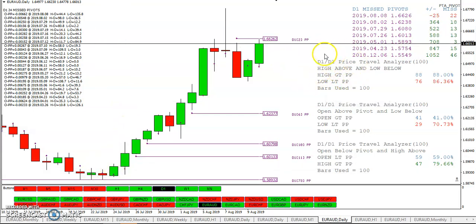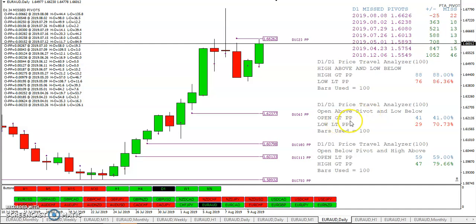This doesn't take into consideration this occurrence. This is only for the same day. So 86% of the time on the same day, or 86 times out of the last 100, the pivot got taken out on the same day.